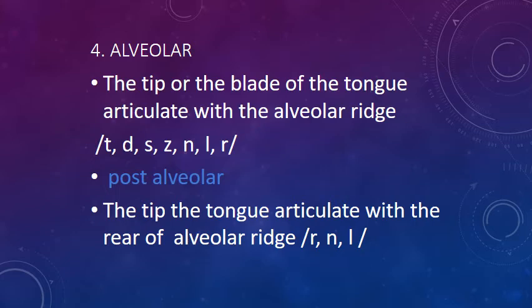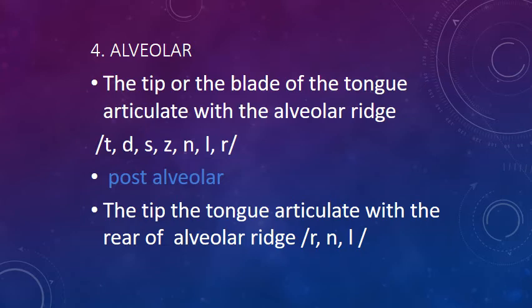There are 7 phonetic symbols classified as alveolar because the place of articulation is the alveolar ridge. They are t, d, s, z, n, l, and r.